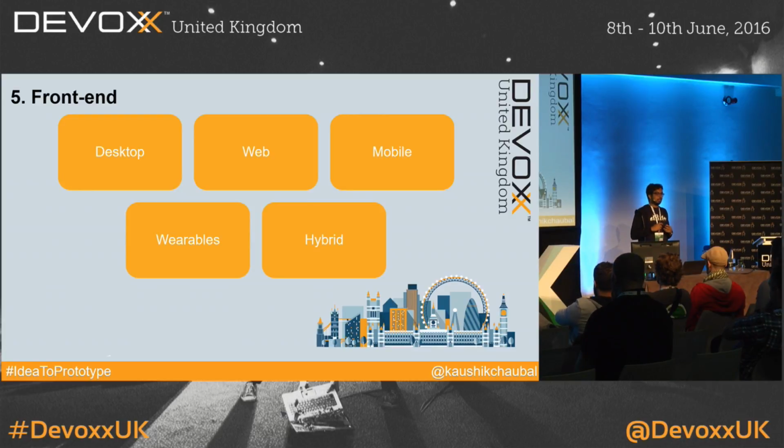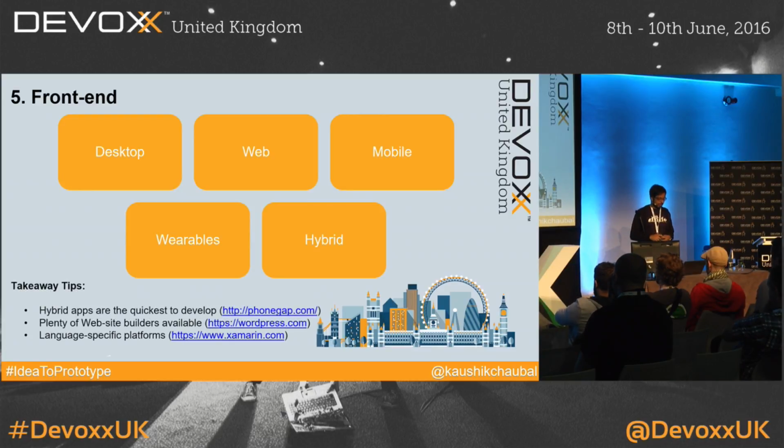Now, there are some takeaway tips that I'm going to mention that help you do some of these things very quickly. Probably you have used some of them. So you have PhoneGap, and there are a couple of others as well that you can use to build quick hybrid apps. There are plenty of website builders. So WordPress obviously is one of the easier ones to go ahead and start using. You also have some language-specific platforms that you can use to do cross-platform.